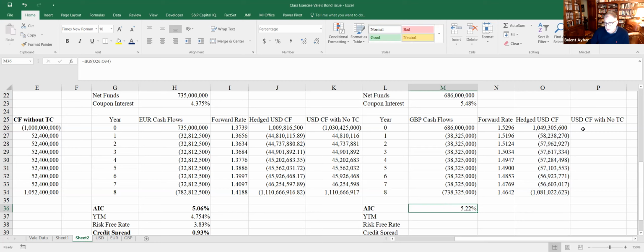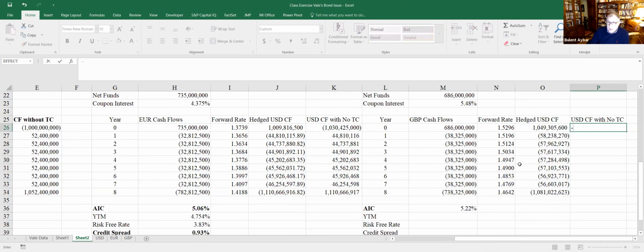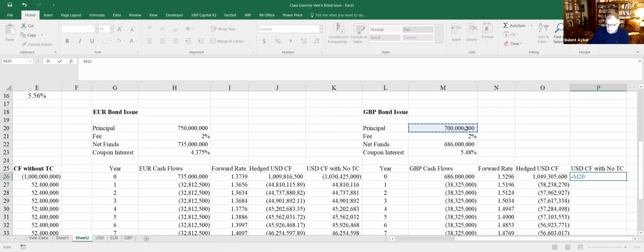In order to calculate the yield to maturity, I have to do the same thing that we did before. Investors would pay 700 million for this bond, but in exchange, they're going to receive this stream of cash flows in US dollars. So here we multiply that with the spot exchange rate.